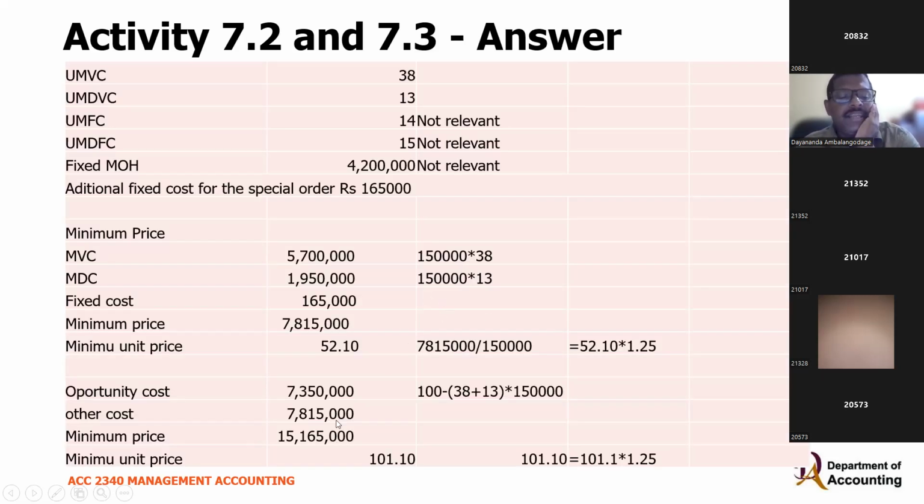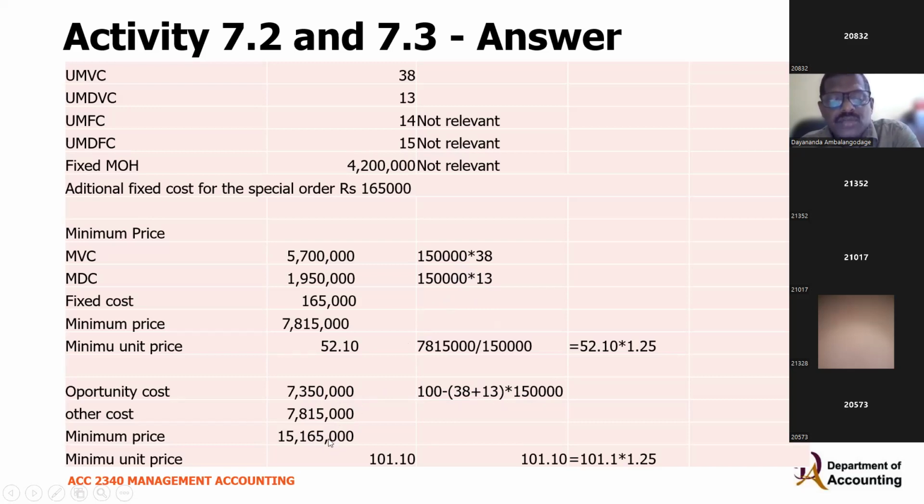Okay, so how did we arrive at this? Let me explain. When there is an opportunity cost in short-run pricing, you need to consider the opportunity cost as well. In this example, the unit contribution will be considered the opportunity cost. You can remember the selling price is 100 minus 38 and 13, which are relevant variable costs, multiplied to get the total.